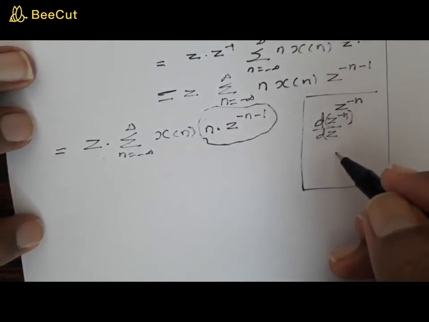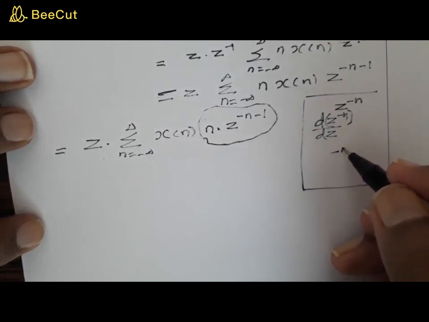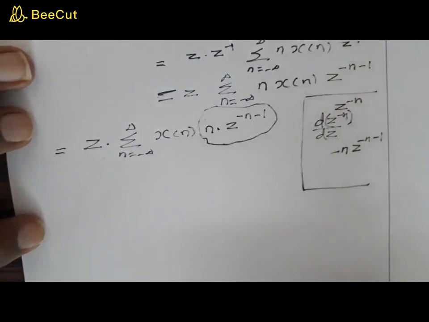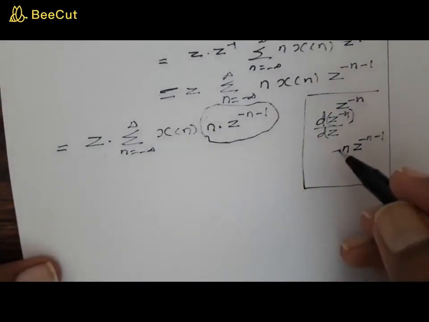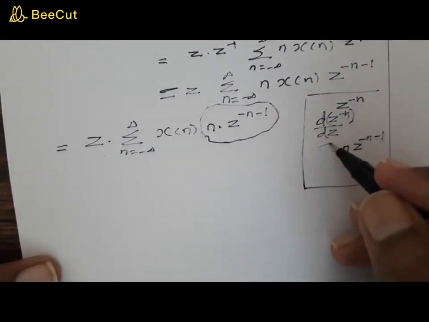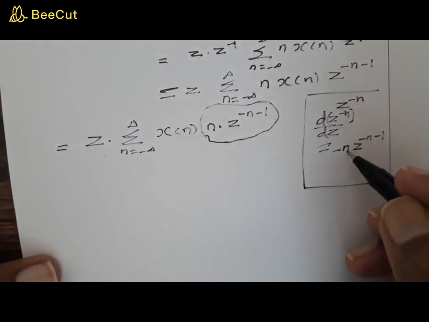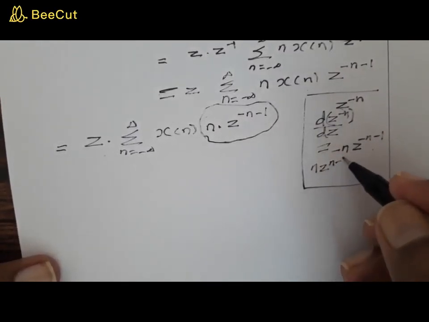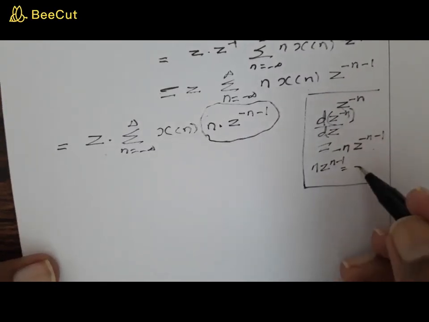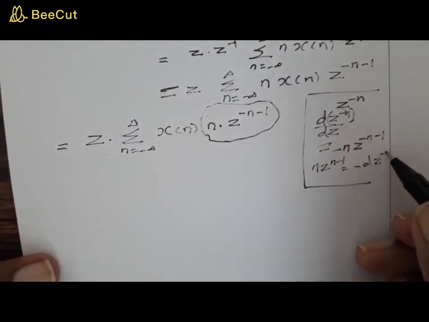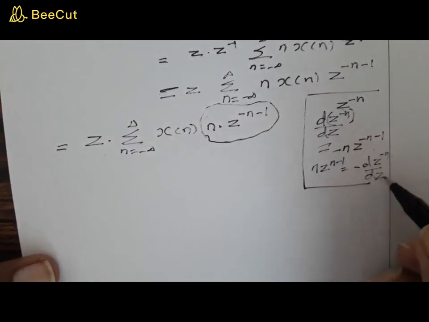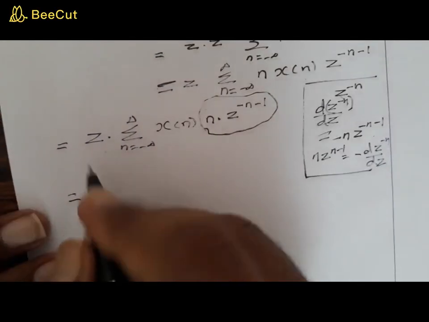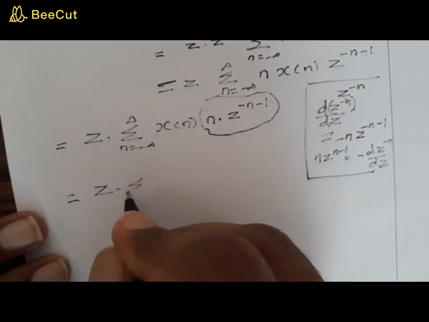This will be minus n into z raised to minus n minus 1. So n into z raised to minus n minus 1 is equal to the negative of the derivative of z raised to minus n with respect to z.